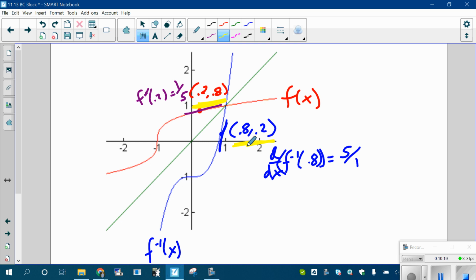They're buddy points. Okay? So knowing something about the derivative of f at (0.2, 0.8) tells you something about the derivative of f inverse at (0.8, 0.2). It doesn't tell you about the derivative of the inverse at 0.2. It tells you about the derivative of the inverse at the buddy point. Those are not the same point. They're buddy points. Knowing the derivative of the original at a point tells you something about the derivative of the inverse at the buddy point.